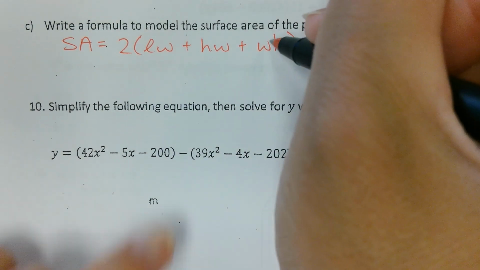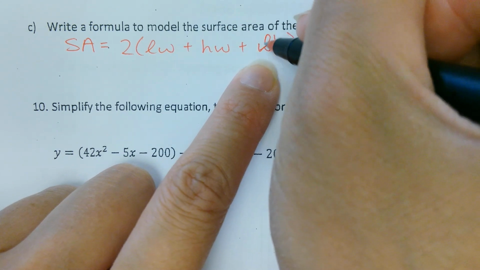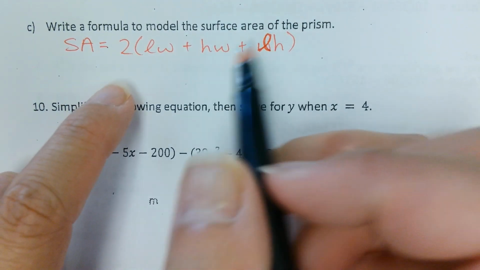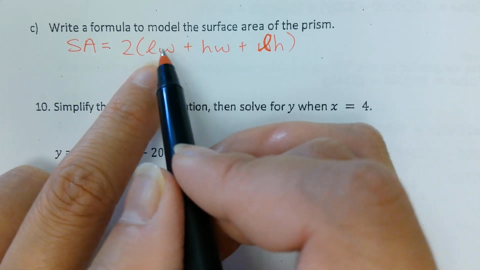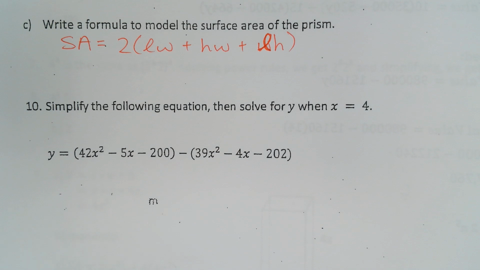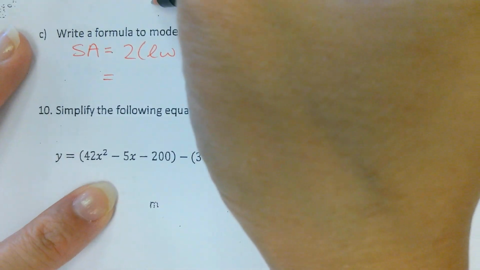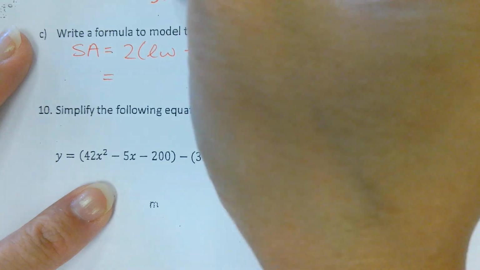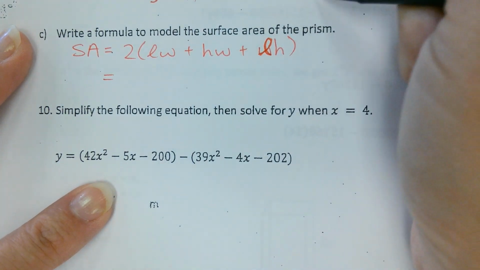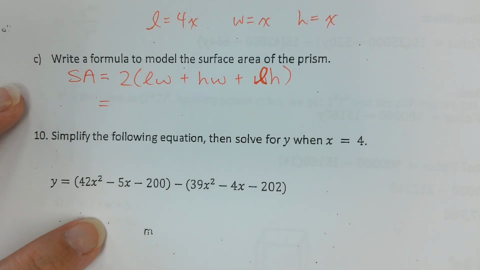Oh, I messed up. Length width, length height. How to tell that I messed up? You should have 2 of each letter, because there are 2 of each side in a prism. That's how you know. So let's say the length is 4x, width is x, height is x, based on our diagram.